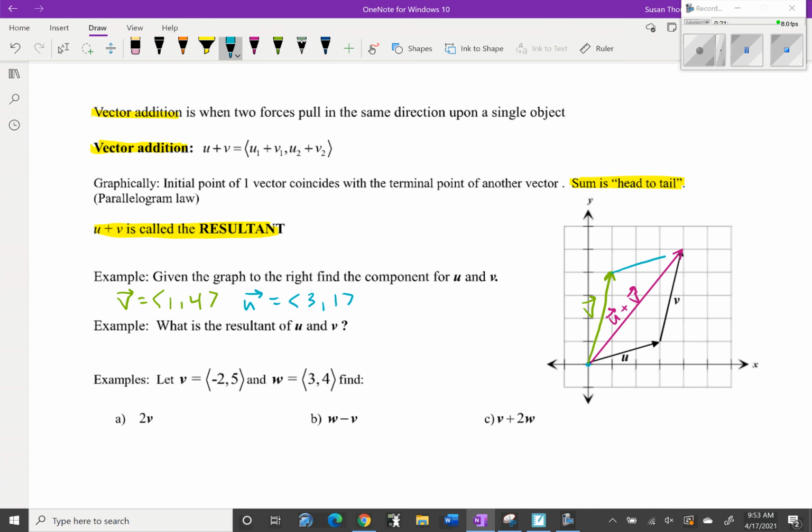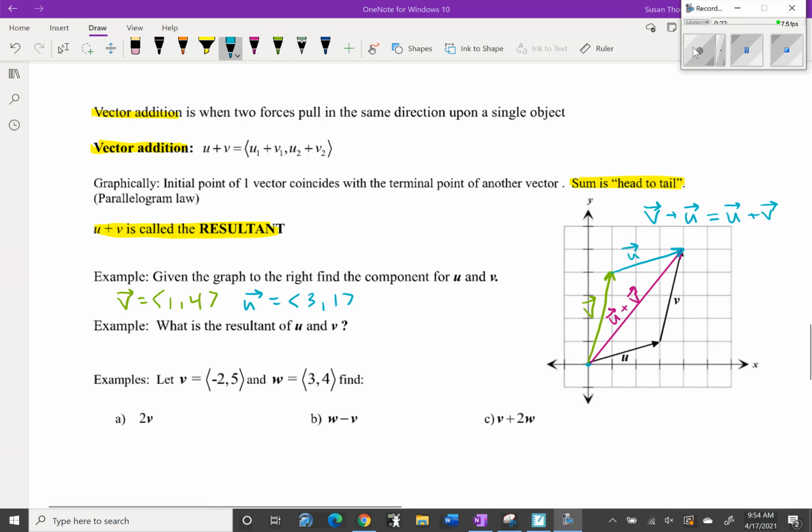So notice that this is vector u. If we were to add vector v plus vector u, notice that it gives us the same resultant. So that means that they are equal. So I could do vector v plus u or vector u plus v.